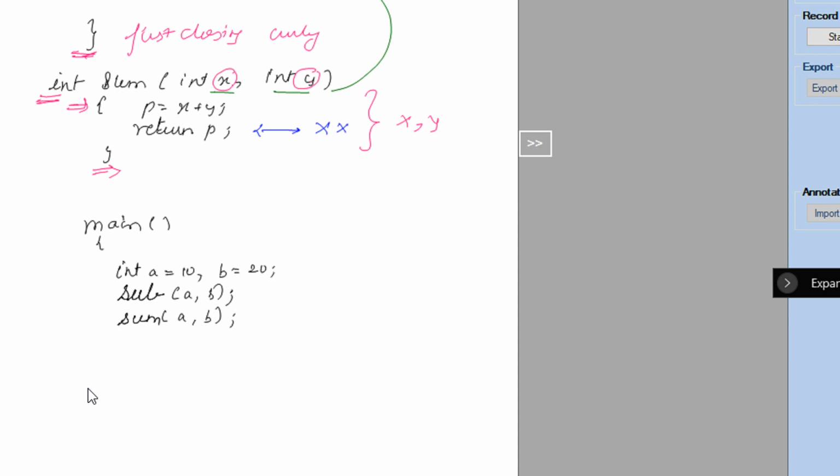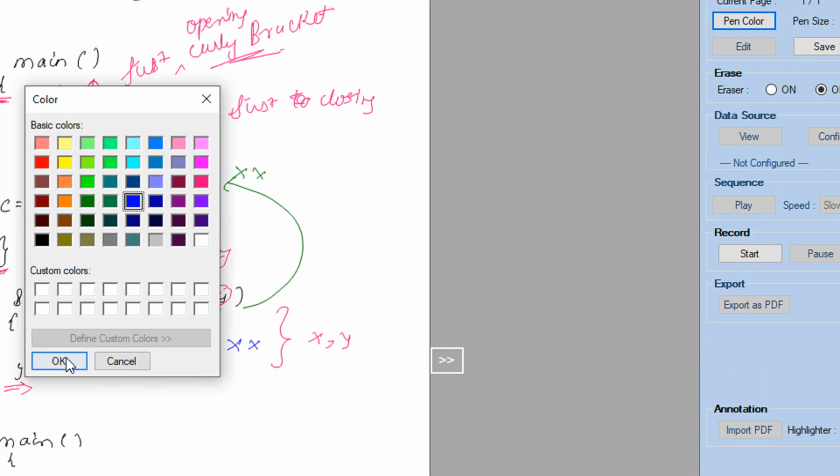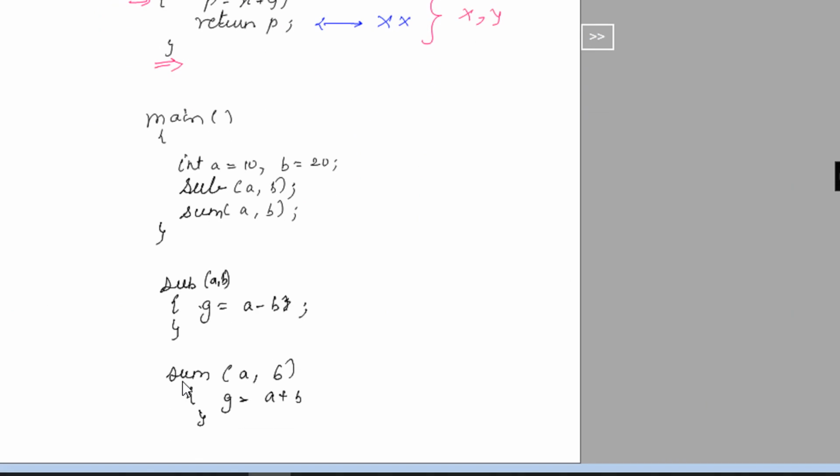Okay, this is done. So now you have a subtract function where you are saying G is equal to A minus B. I'm just writing in shorthand, and this is equal to sum A comma B, G is equal to A plus B. And how do you define a global variable? You declare the variable G outside all the functions, integer G.